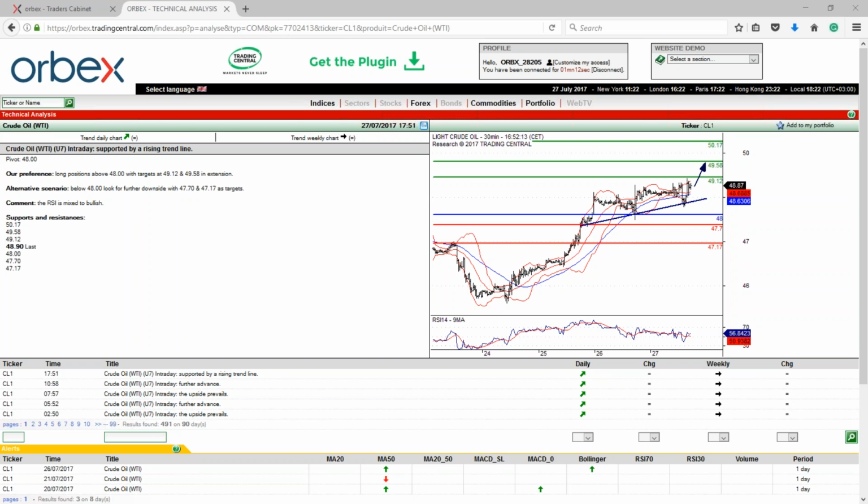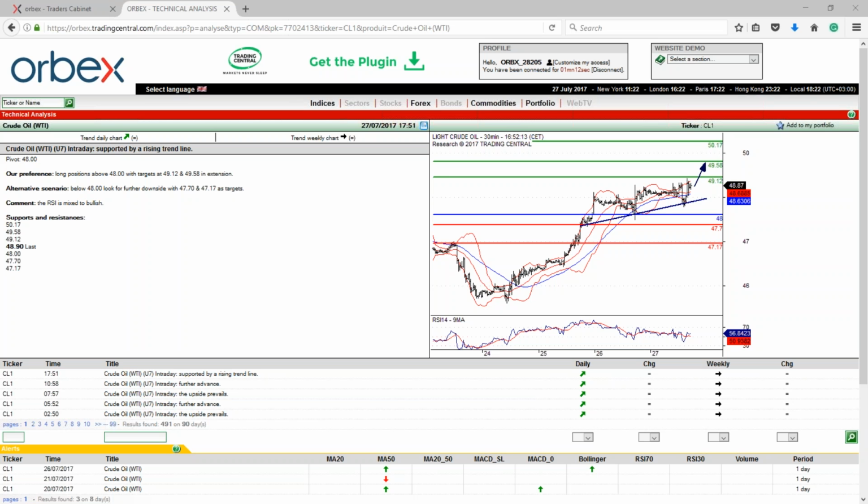So one day they might be looking at the RSI indicator, the next day they're just looking at candlesticks, a week or two later they're messing around with trend lines. What you will find is that professional traders monitor the market based on the same set of tools or inputs, day in, day out, week in, week out. And so tracking these signals and looking at this analysis will help you get to a point where each day you can pull up a chart and look at these indicators yourself.